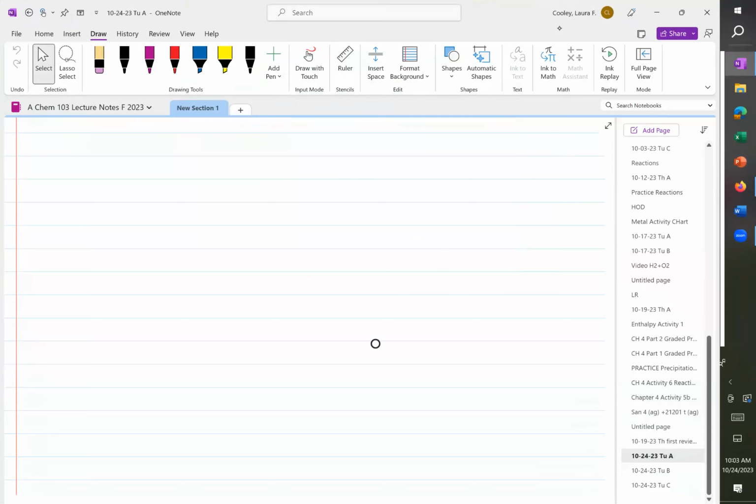But this is an important chapter that we just barely started last time. It's our thermochemistry chapter, and it's going to be on the test. We have a test a week from Thursday.